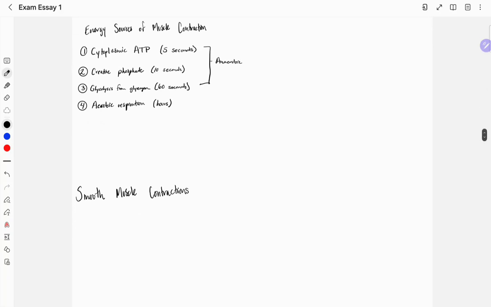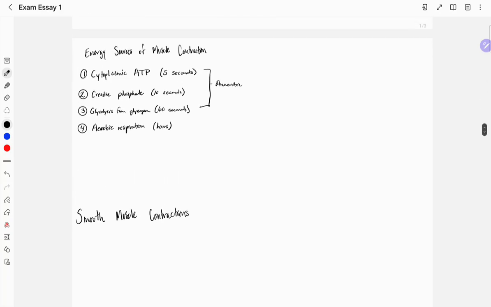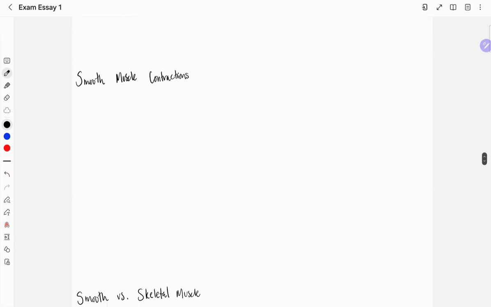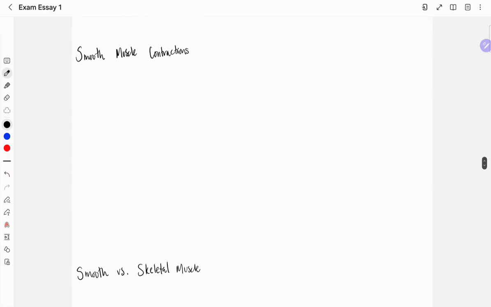Okay. So that's energy sources for muscle contraction. Now, so far, we've primarily been talking about skeletal muscle. But what about the interactions of myosin and actin and smooth muscle?